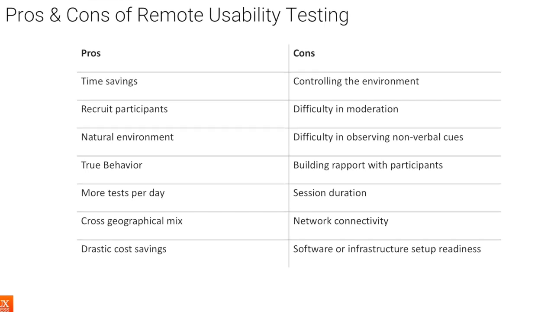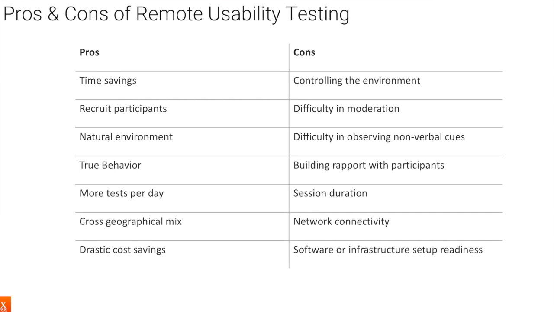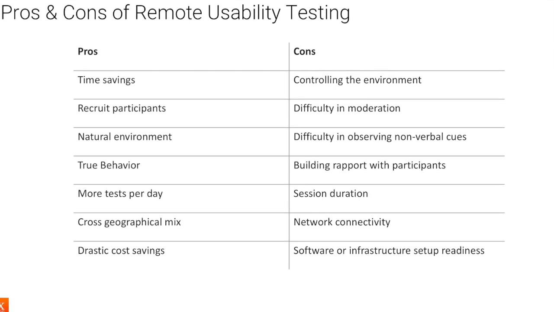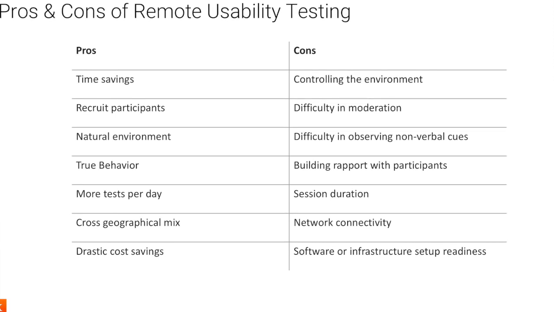In remote usability testing, this bias tends to be lower, because they are already in the natural environment where they will be using the product, and their behavior is closer to the truth. With remote usability testing, you can also conduct more tests per day, because it saves a lot of travel time and other adjustment time you would have to spend when working in person.